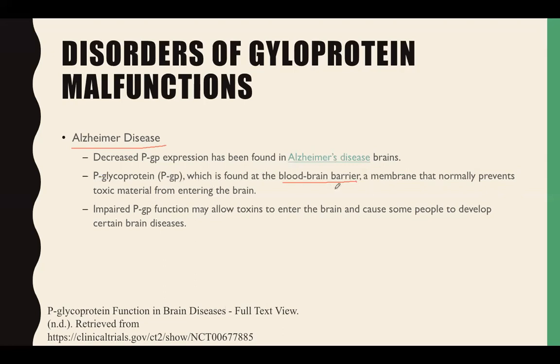It's found in the blood-brain barrier, a membrane that normally prevents toxic material from entering the brain. So if the P glycoprotein is impaired or malfunctions, toxins will enter the brain, which causes people to develop certain brain diseases such as Alzheimer's, Parkinson's, etc.